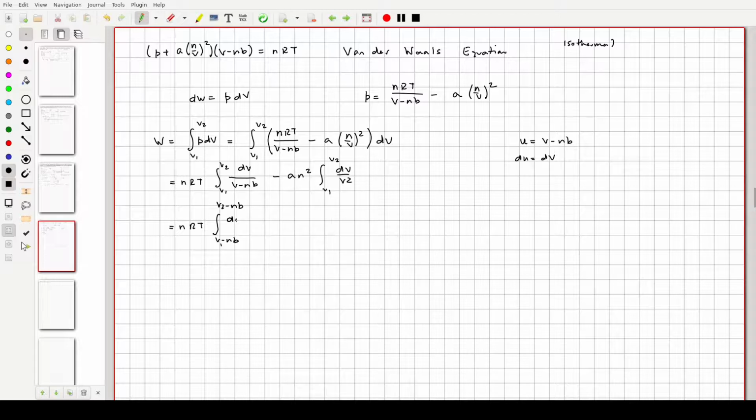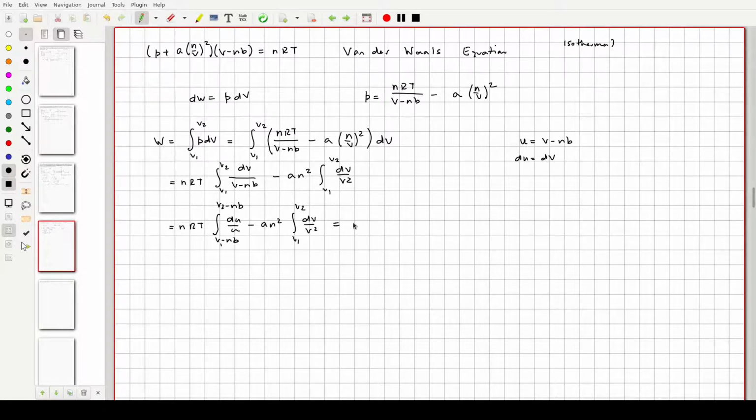And this would be just du over u. So that's easy. That's just a natural log. This one right here is super easy too. We don't have to do any weird substitution here. We have a n squared. I'm just going to write it out. So this is pretty easy. When you integrate this, you're going to get a minus sign out in front, which will flip this to positive. And it's going to reduce this to V as opposed to V squared.